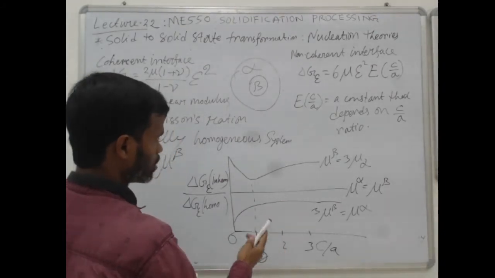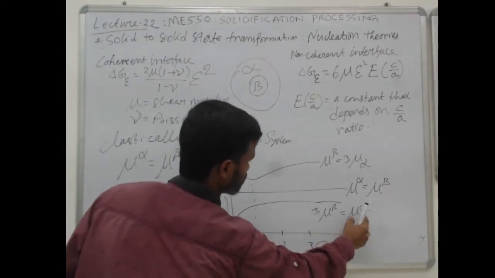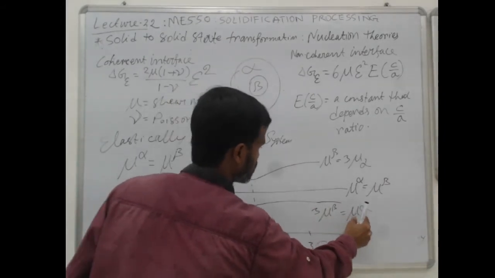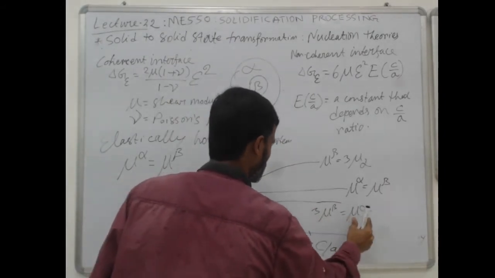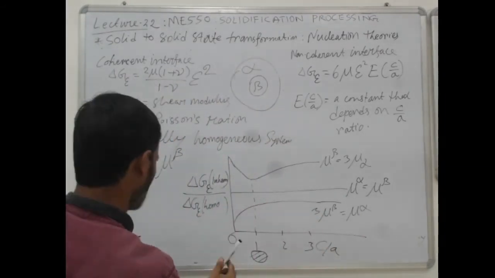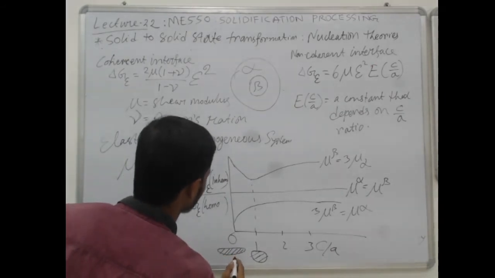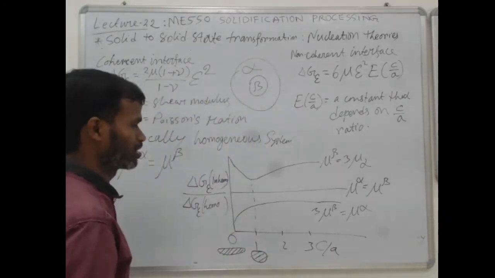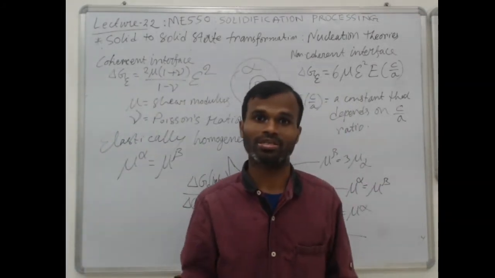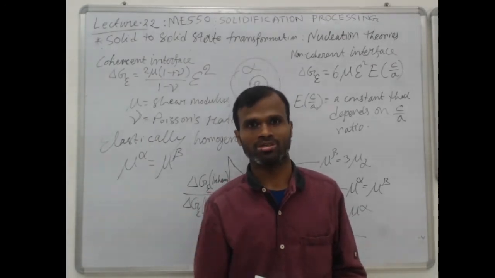If the alpha phase is stiffer than beta, because this stiffness is 3 times the stiffness of beta, then you see the disc shape has a minimum energy.